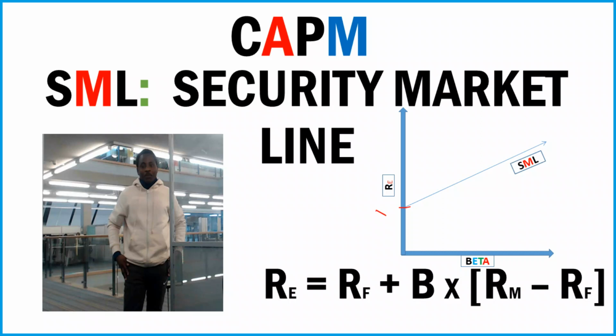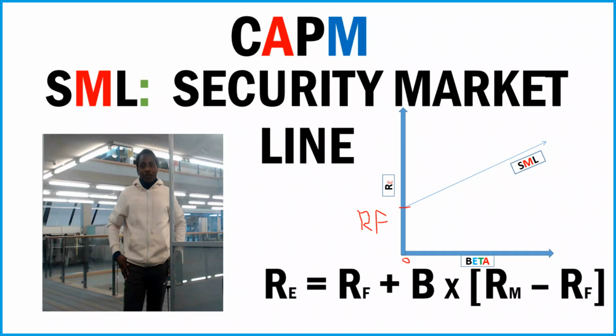Our risk-free rate is here, and that means the lowest risk in the market. That is why you could see that our beta is at the 0 point. Meanwhile, we have our expected return, RE, as high as this. It could have been any percentage anyway.